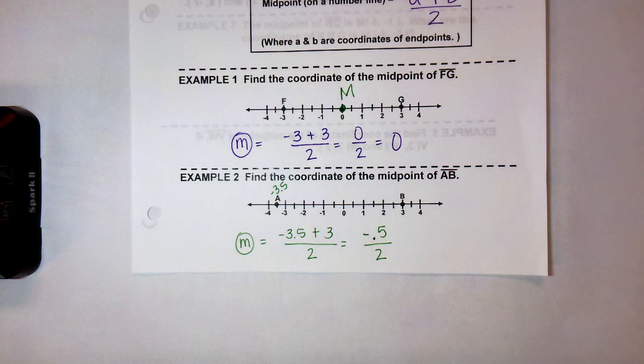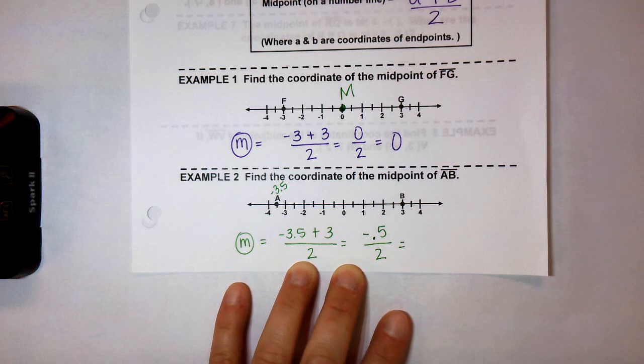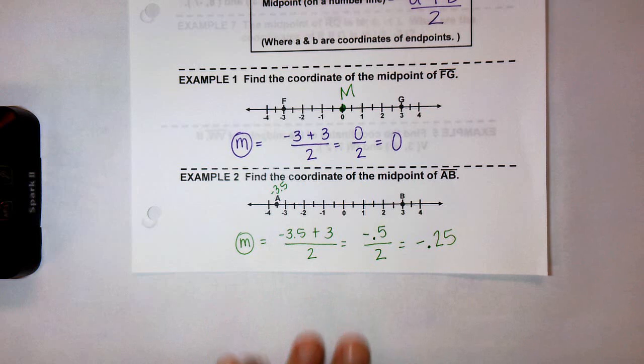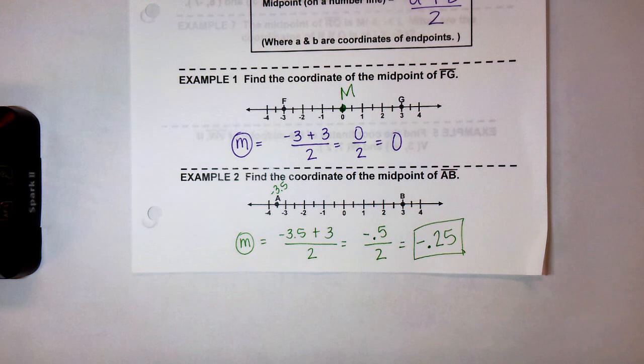Is that going to get bigger or smaller? When you divide a decimal by something, it gets smaller. What is it? Use your calculator. -0.25. How do I graph that on the number line? What is 1/2 as a decimal? 0.5.